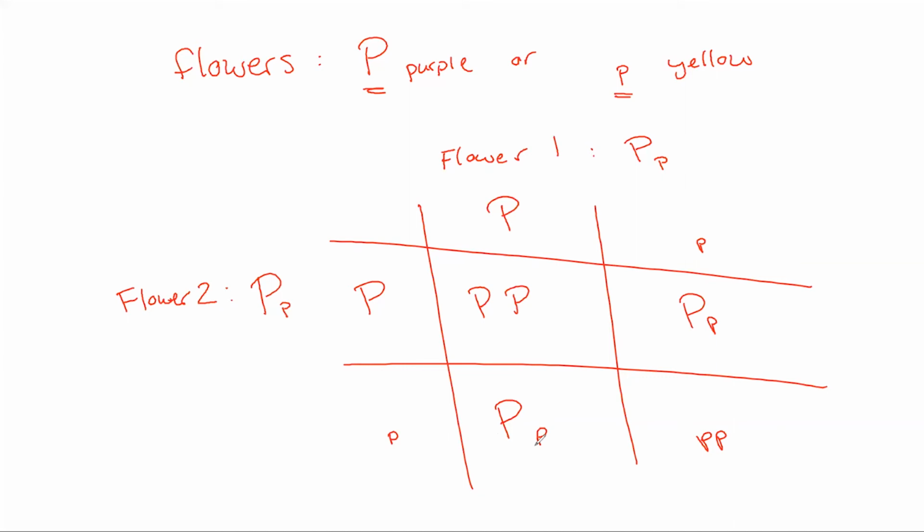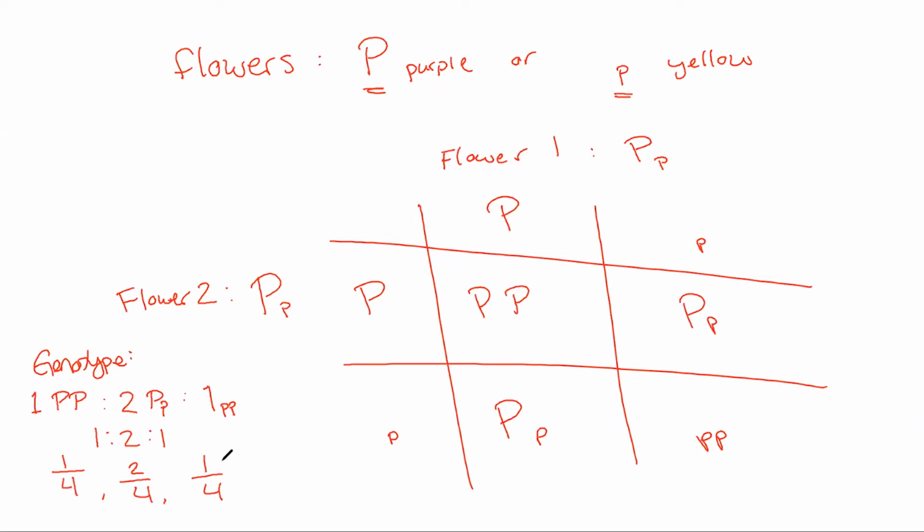So our genotypic distribution, which relates to our alleles, is 1 capital P capital P, 2 big P little p, and 1 little p little p. So we get a 1 to 2 to 1 ratio. In other words, 1/4 versus 2 out of 4 versus 1 out of 4. It's the breakdown of the ratios that we get for these.